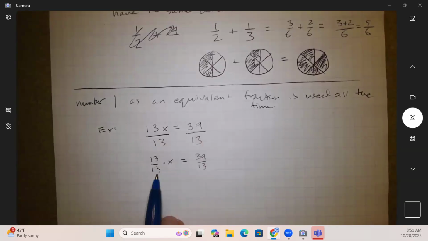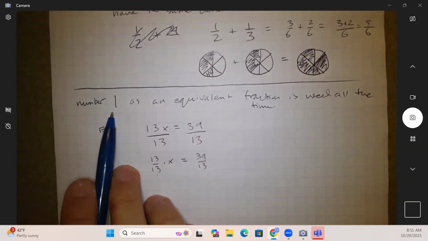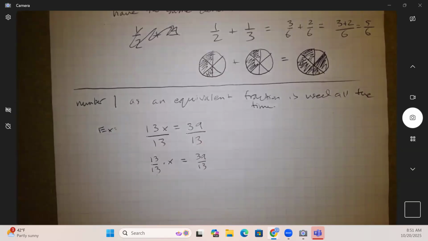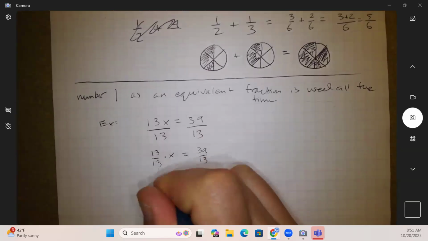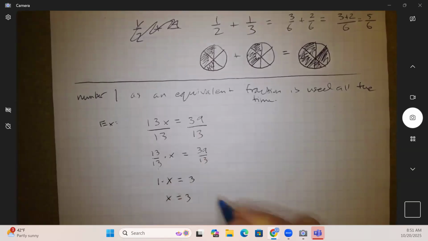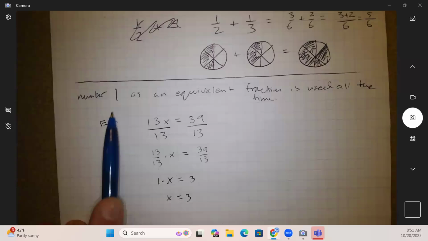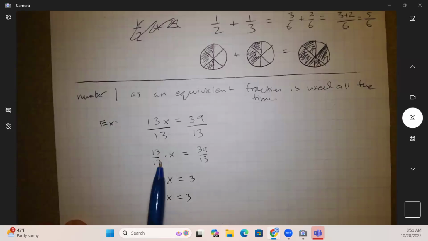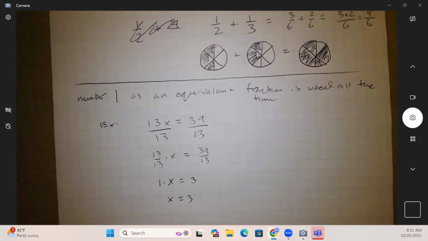And 13 over 13 is an equivalent fraction for the number 1. And so the 13 over the 13 is like a 1 times x. And we use that all the time. Anytime you are solving an equation that involves multiplication or division, at some point you use the fact that the number 1 can be written as an equivalent fraction, any number divided by itself, except for 0.